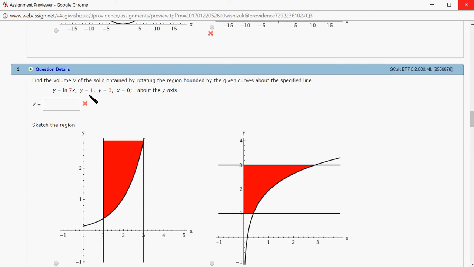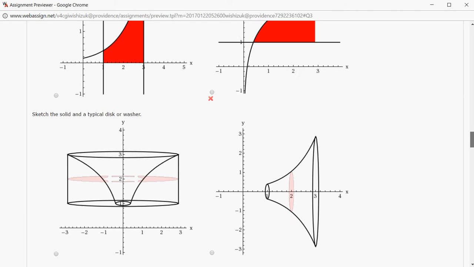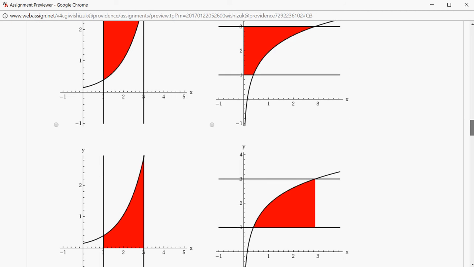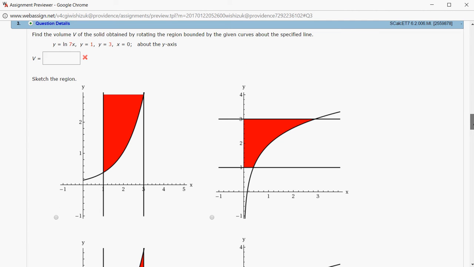Then we're looking at y equals 1 and y equals 3. Those are horizontal lines. Both of them have those pictures there, it's just that the shaded region is different. It's between y equals 1 and y equals 3, bounded by natural log of 7x and x equals 0.